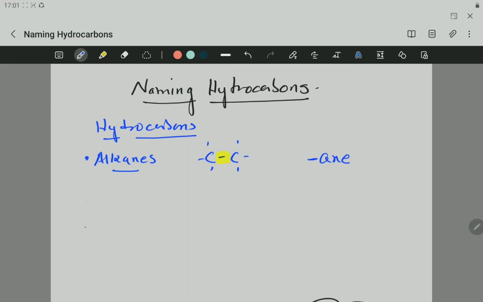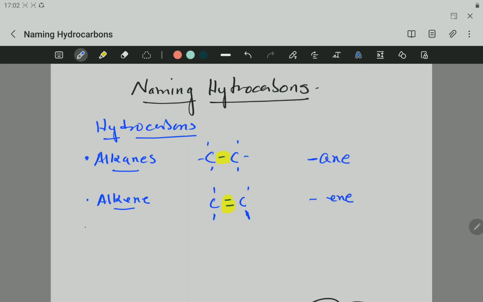Okay, the other hydrocarbon we did was the alkene. That one has a functional group, which is a double bond between carbons. Only carbon and hydrogens, and they have a double bond between carbons. Remember, every carbon must have 4 bonds, okay? So if you have a compound that is an alkene, the name will end in "ene".